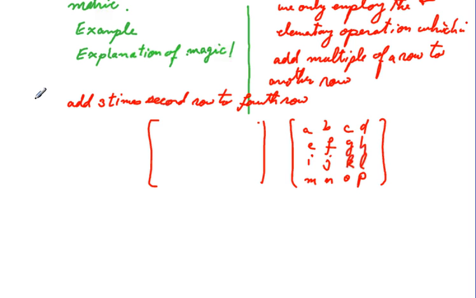These kinds of matrices we call elementary matrices, E's, and they had a special format. So who is it that does this job, adding 3 times the second row to the fourth row? We start with a diagonal, and what do we do with it?